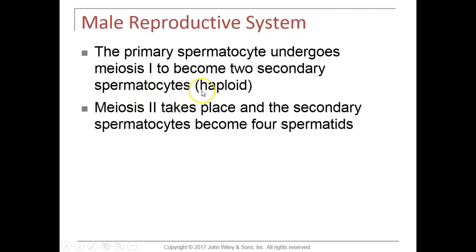The secondary spermatocytes then complete meiosis 2 to divide each into two more cells for a total of 4 immature sperm cells called spermatids. So haploid gametes, like the secondary spermatocytes and then ultimately the spermatids, are haploid, they only have 23 chromosomes.